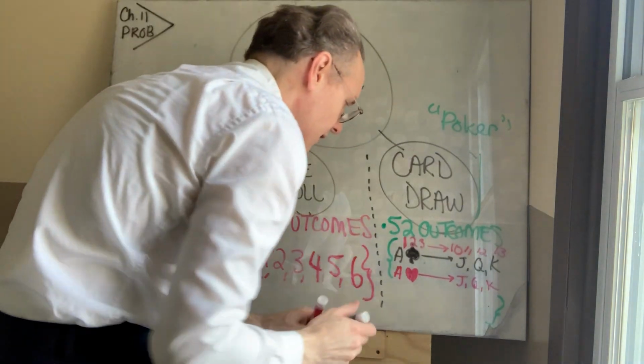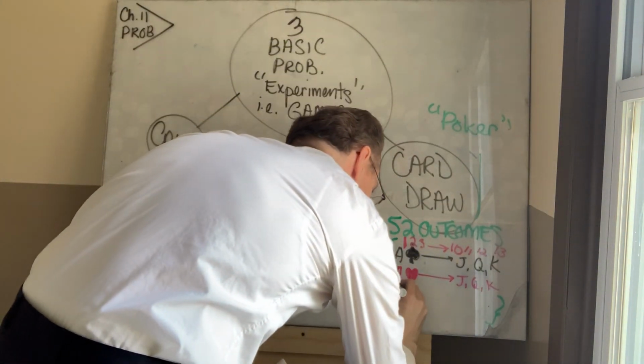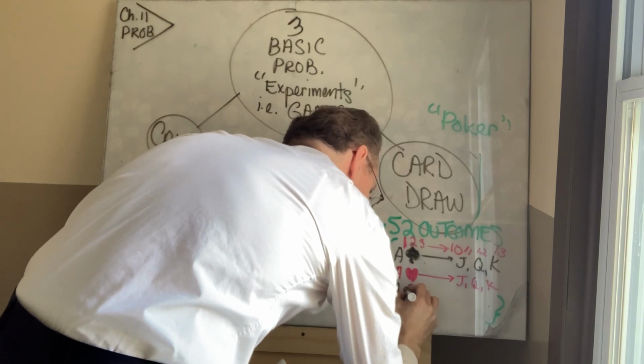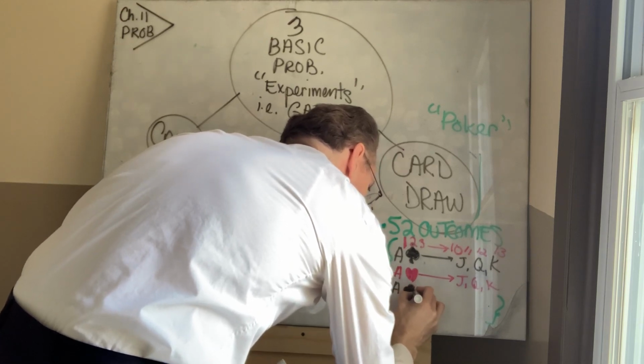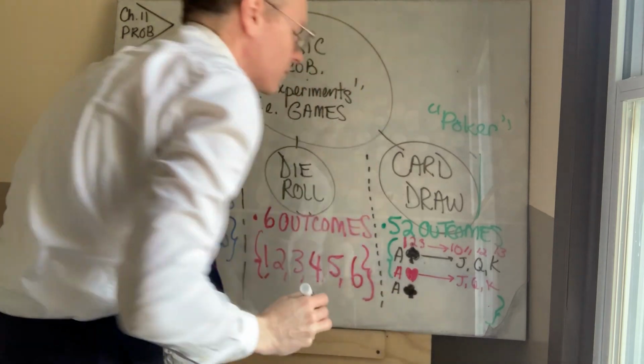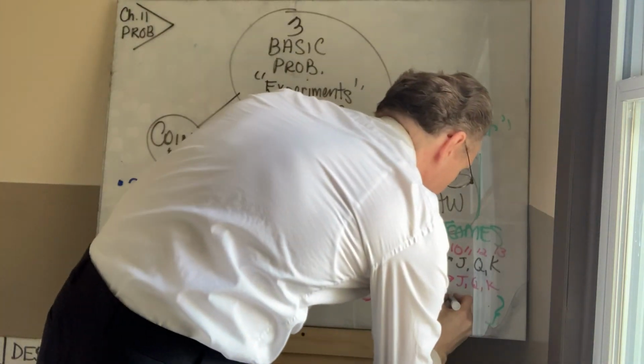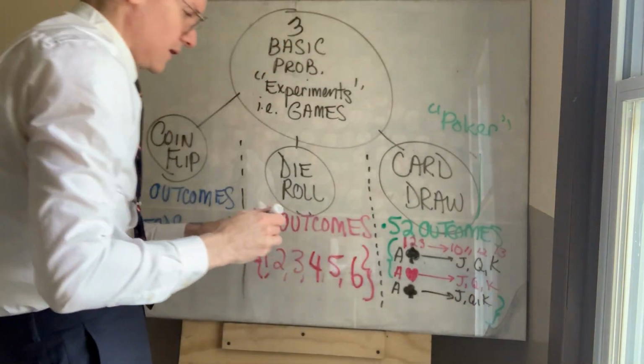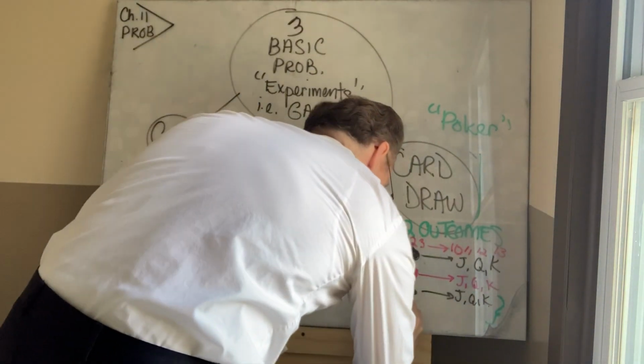And then another black suit, which is clubs, which kind of looks like a clover, something like that. And again, all the way through the numbers up to jack, queen, king. And then lastly, diamonds.